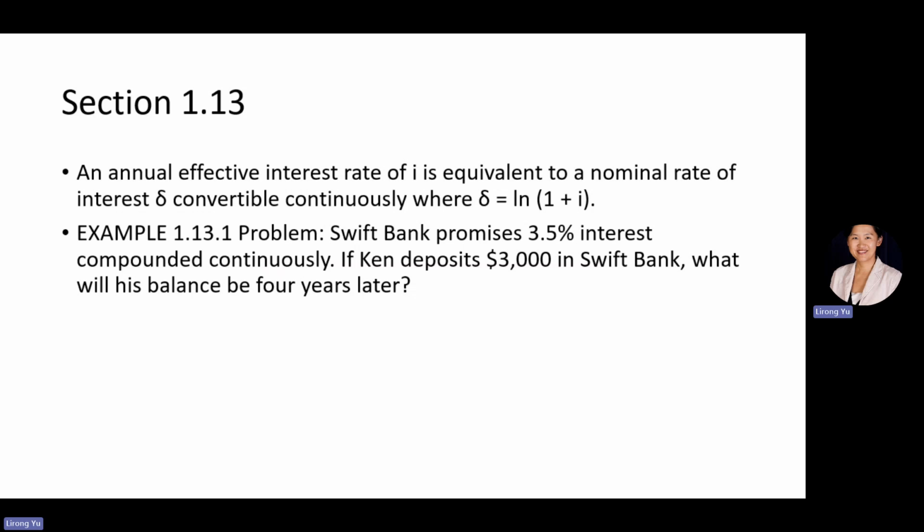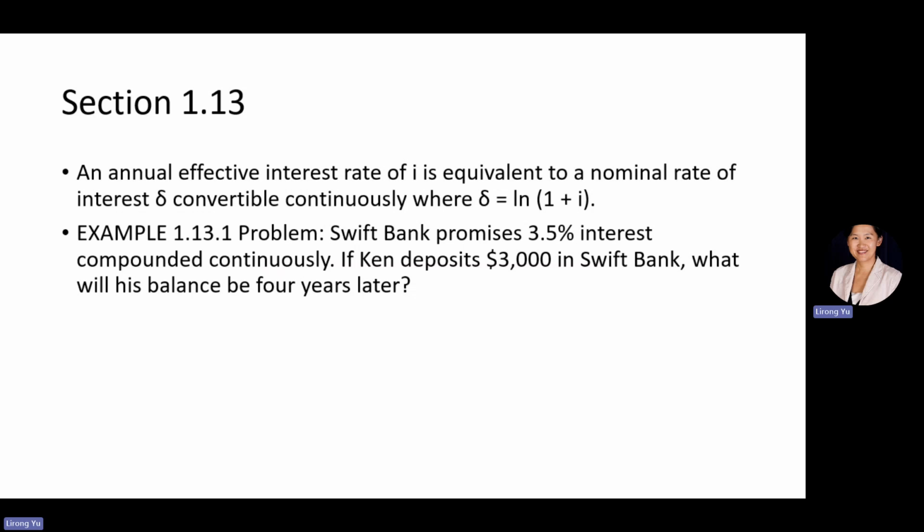A person deposits 3,000 in the bank, and what will be his balance 4 years later? It's a typical question of calculating future value if you already have present value. With continuous compounding, you take the present value and multiply by the growth function, or the accumulation function. That's your future value.